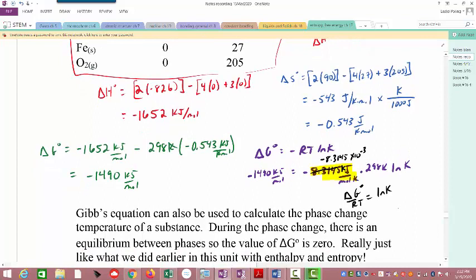So then that means take the opposite of natural log, which means it is e to the negative delta G over RT.